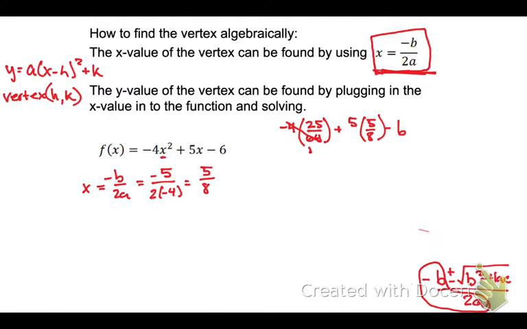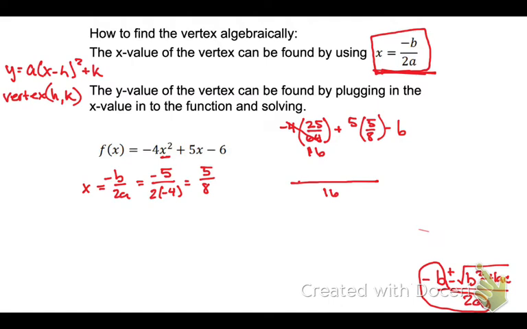Square it. I squared it. Well, 4 went into 64 16 times, so at least I don't have to get the denominator up to 64. I just have to get it up to what? 16. So 25 over 16.